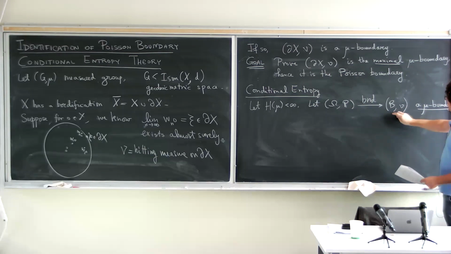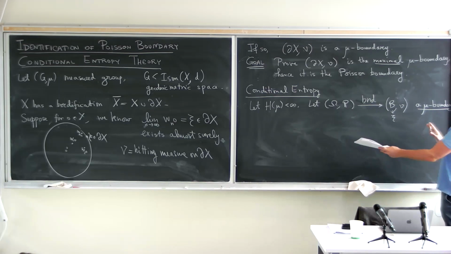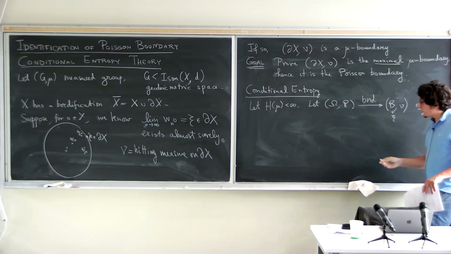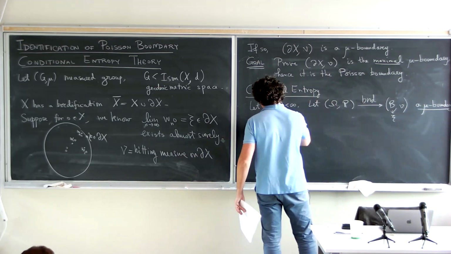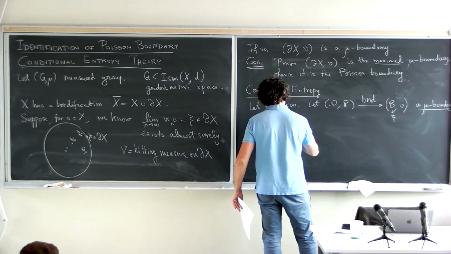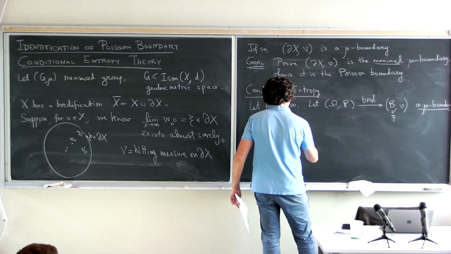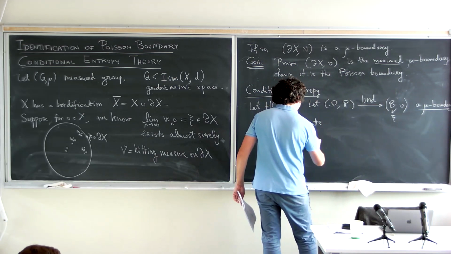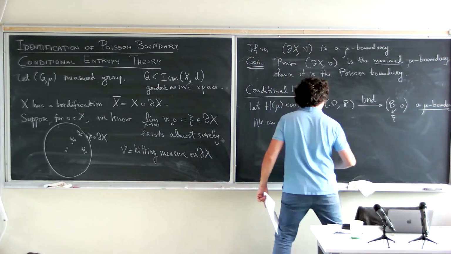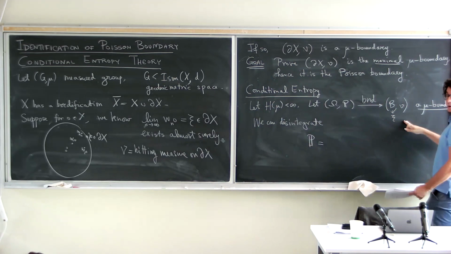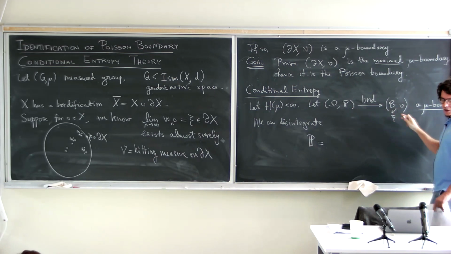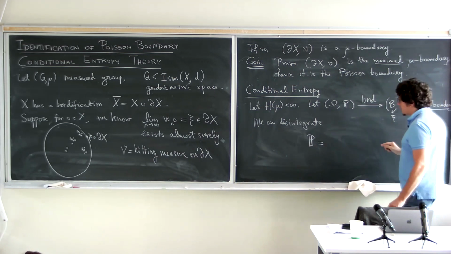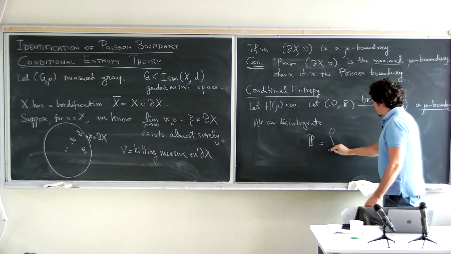So if we pick a point in this boundary, we can disintegrate the measure P. Every time you have a measurable map, again, here you're using the fact that this is a standard space, so it's a nice measure space, you can do the integral.